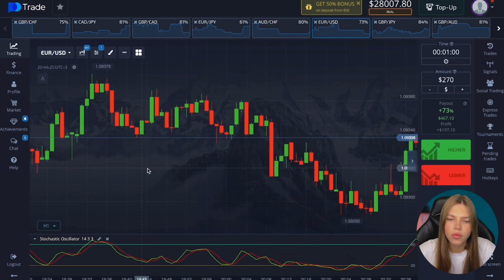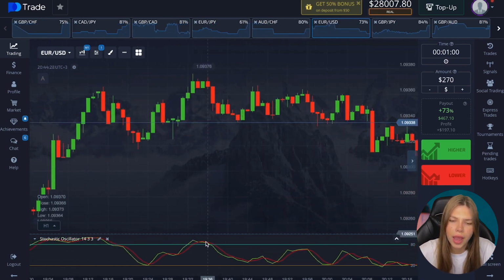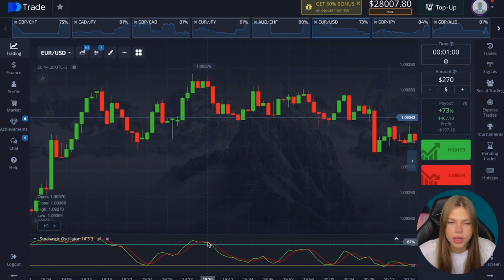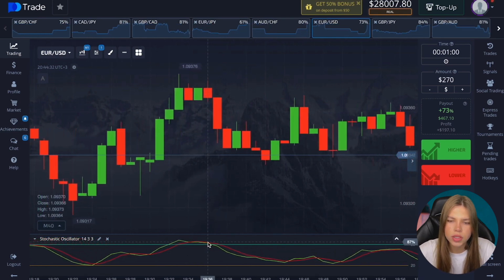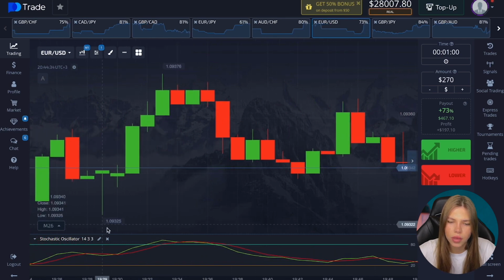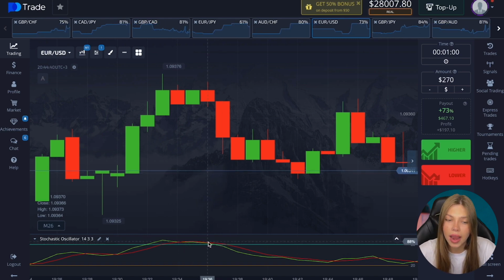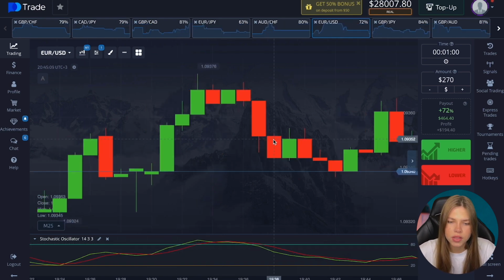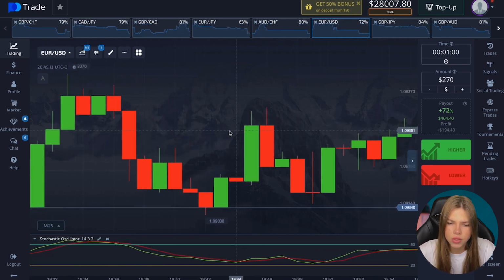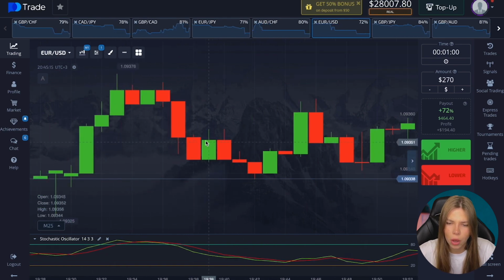Now, if we have broken the maximum as here, unfortunately I can't zoom the indicator here normally. If we see that our two lines have crossed and turned around and go from the maximum to the neutral zone, and the slow line, the red line in our case, is higher than the green fast one, this is a signal to us for trading. Here's our deal open, at a new candle. Let's say our deal opened here.